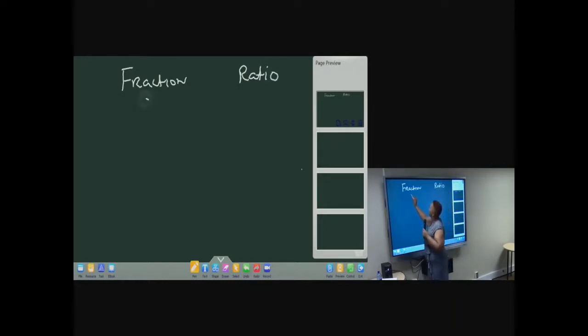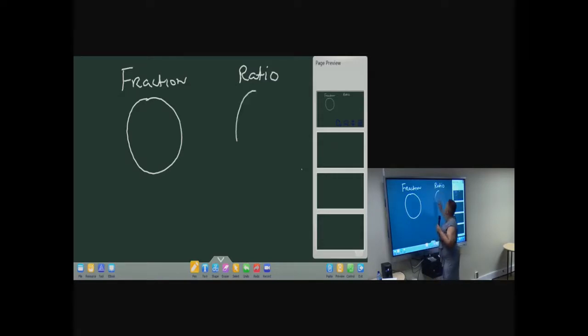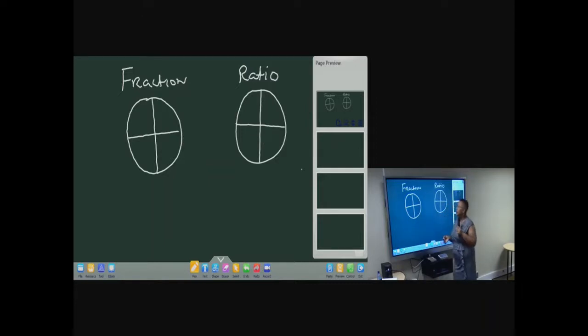If we have a round cake, and we divide the cake into 4 pieces, to see the difference between a fraction and a ratio. If you talk of a fraction, you will have 1 slice out of 4 slices, then 2 slices out of 4 slices.